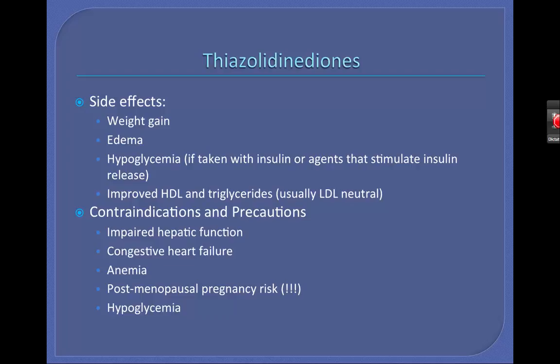And postmenopausal pregnancy, it basically may cause ovulation to resume, so you have to tell women to use contraception. Hypoglycemia, in patients treated concomitantly with insulin or sulfonylureas. So if the patient's on a TZD with insulin, then they're at risk for hypoglycemia.